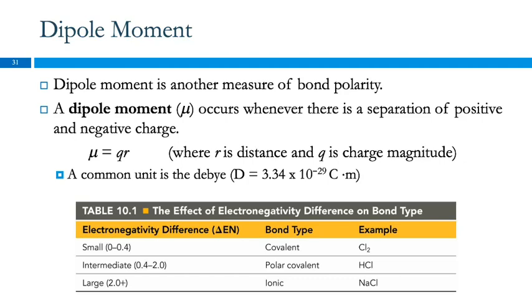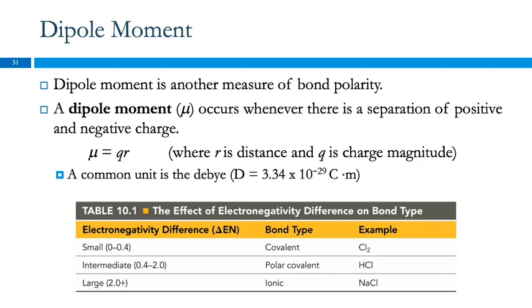It's quantified as Q times R. R is the distance between these separated charges, and Q is the charge magnitude. That would be equivalent to the electronegativity difference. So if you have a large electronegativity difference, then the dipole moment is larger. If the electronegativity difference is small, then it's smaller.